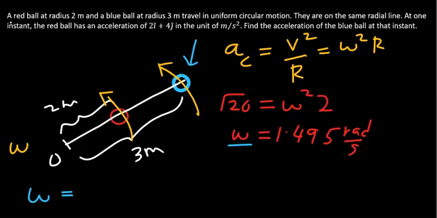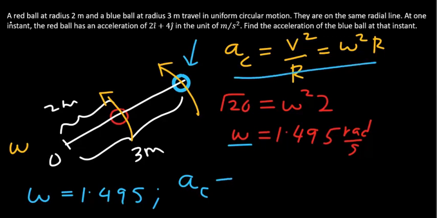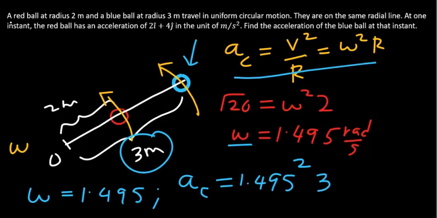This omega should also be the same omega for the blue ball. So using that information, since the omega for the blue ball is also 1.495 radian per second, we can determine the centripetal acceleration for that blue ball from that expression. It is quite simply 1.495 squared times the radius of the circular trajectory for the blue ball. In this case, it's 3.